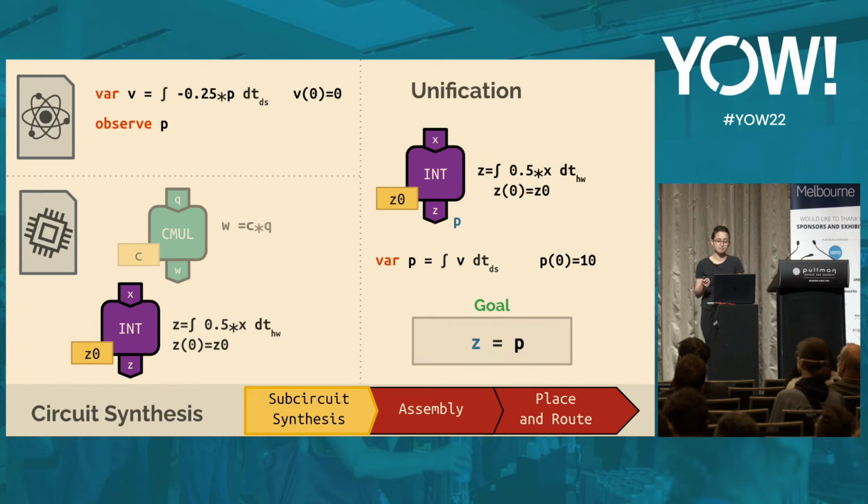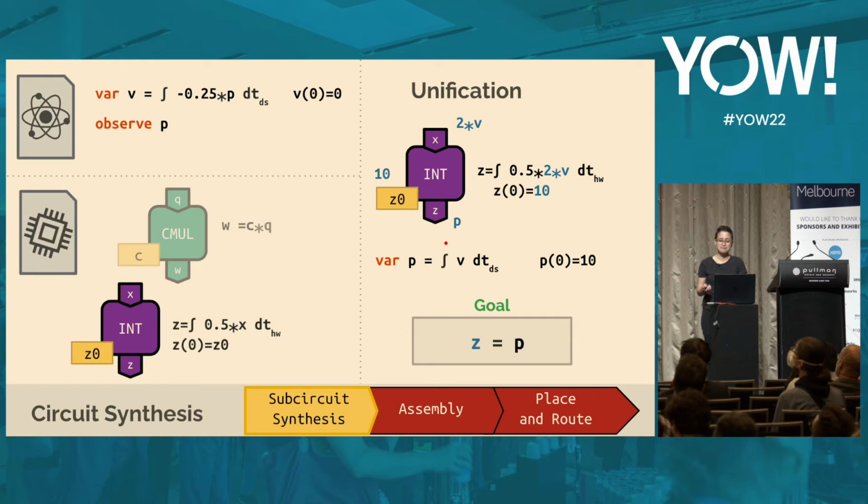And now the goal becomes we want to get the current at port Z to equal the position P, right? And so we're going to try to get this equation and this equation to be equal, where we have 2 degrees of freedom. We can set X, the input port, to an algebraic expression, and we can set Z0, the digitally settable value, to a constant value. So these are degrees of freedom, and now we have to figure out how to substitute expressions and values into them to get this equation.